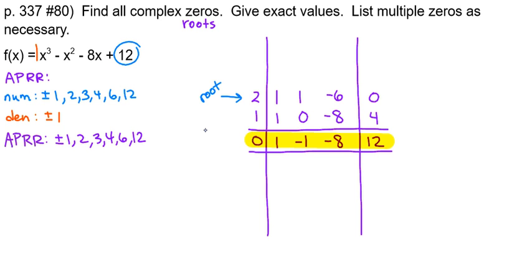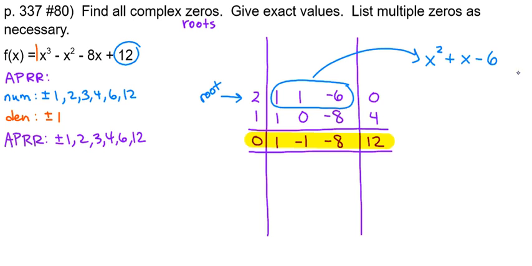Now how many roots does this problem have? Because it's cubic, it has 3. We have 1 root, there are only 2 left, and remember that right here, these numbers are the remaining quadratic. So take those numbers, put them into a quadratic, 1x squared plus 1x minus 6, and then set that equal to 0, and you can find the remaining 2 roots.